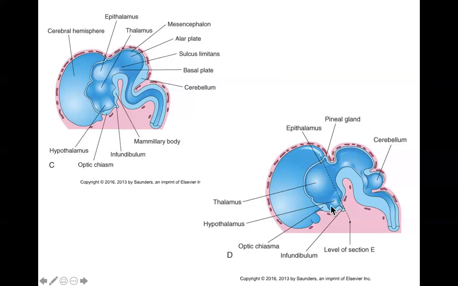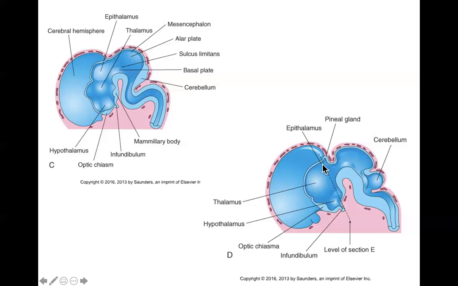And while this happens, right out of the roof of the diencephalon, you're going to start to have this little nipple forming. This little nipple is going to differentiate into glandular tissue and become the pineal gland, which regulates melatonin in the brain, right? It controls your sleep-wake cycle.